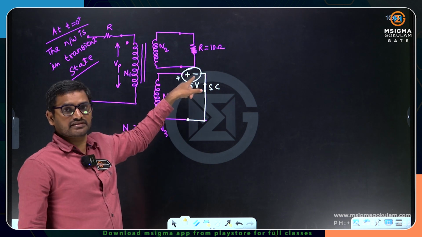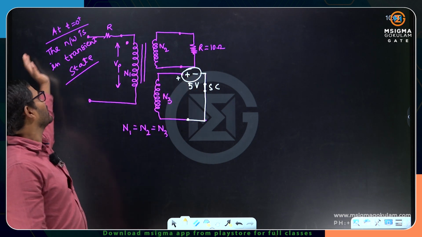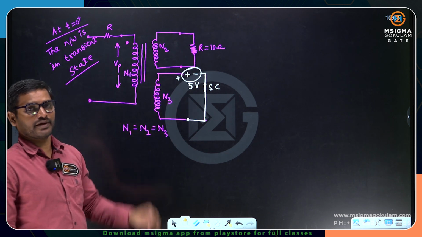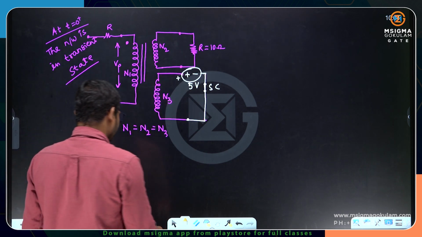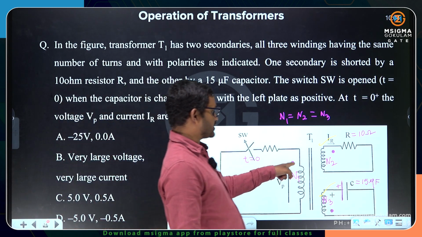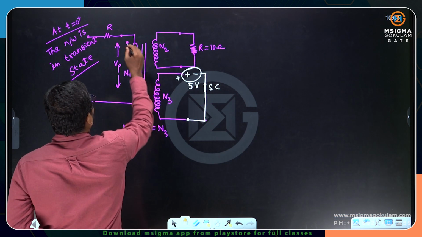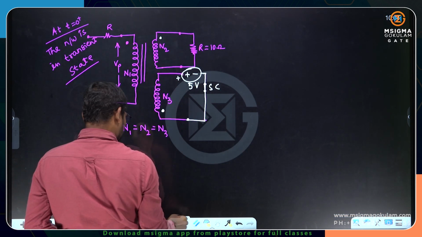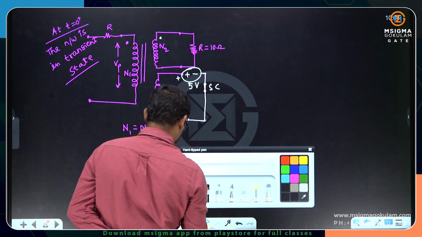So 5 volts is there, charged because of the 25 volts connection. The capacitor is charged up to 5 volts, and it wants to maintain the same 5 volts. Now see here, in the question he has given dot polarities at the bottom. I have a dot polarity here, here, and here. Let me indicate them with the same color.